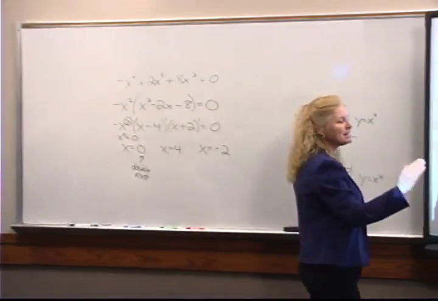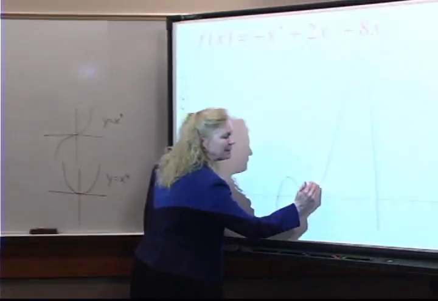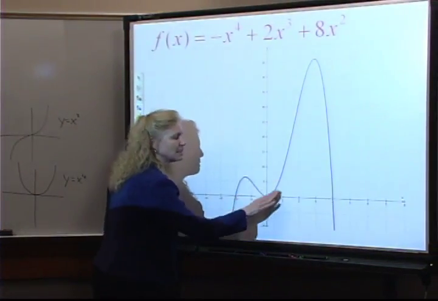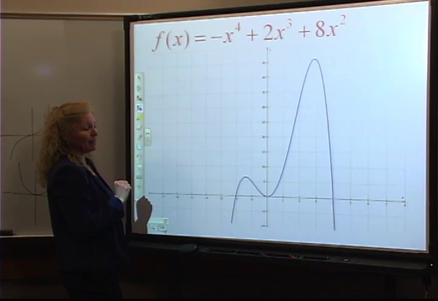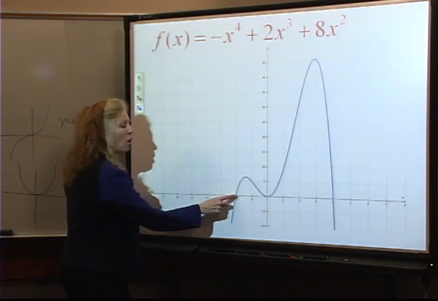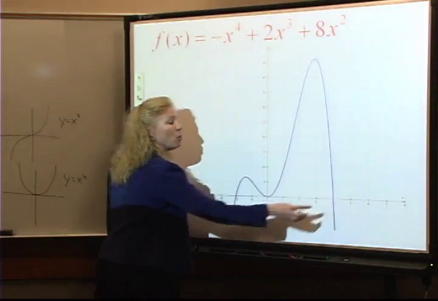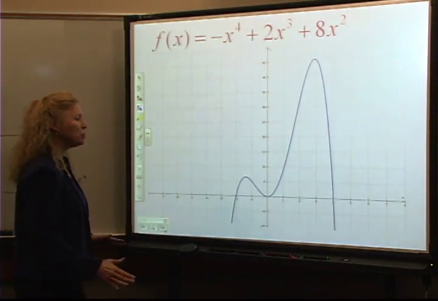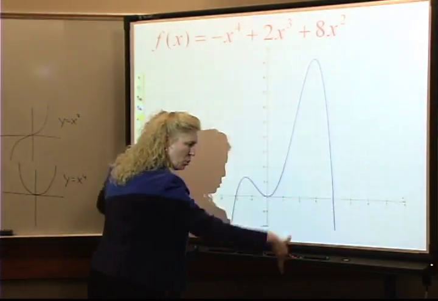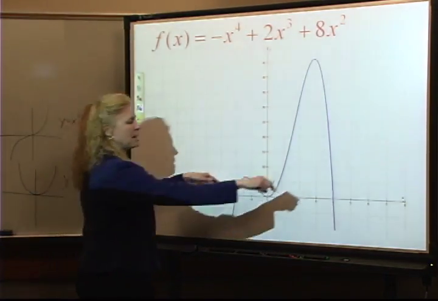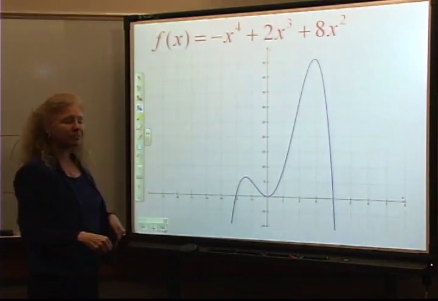So anytime I have an even multiplicity, it's going to force my graph to bounce. Isn't that neat? So 1, 2, 3, 4 roots. I see all of my roots, and I know that my end behavior is, boom, drop like a rock on both sides, and there we go.